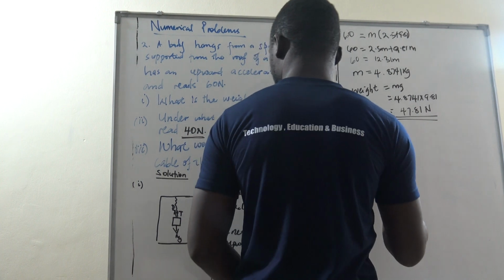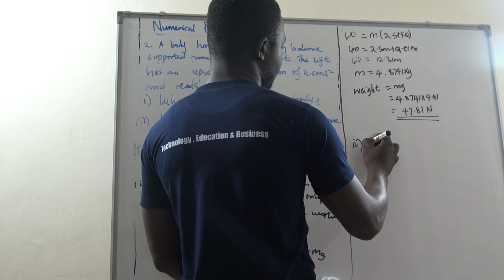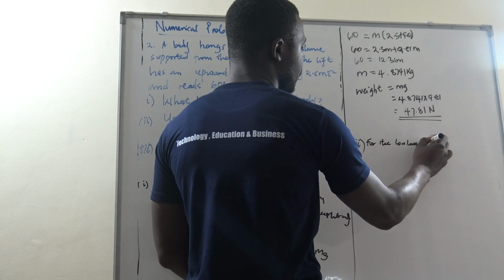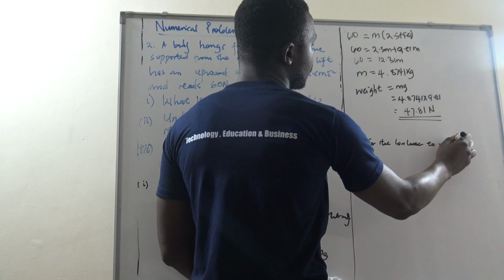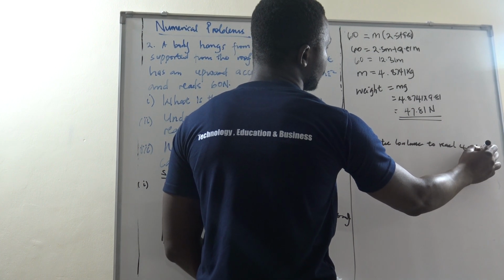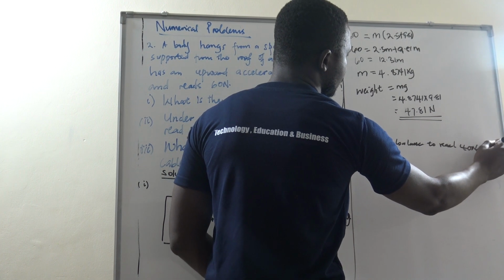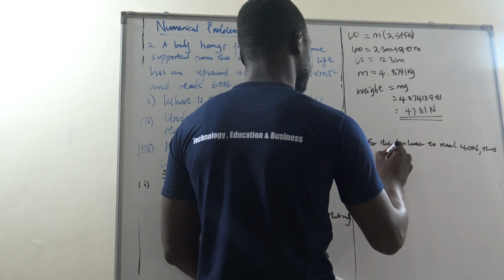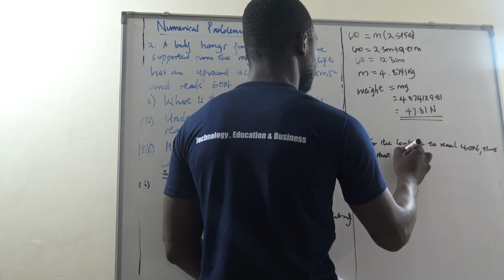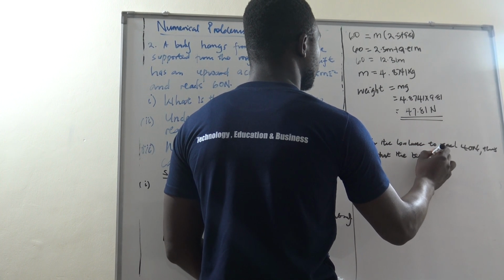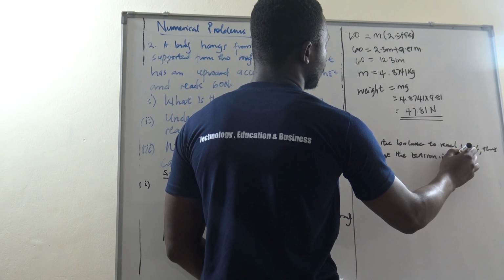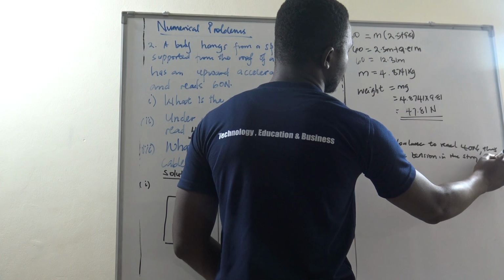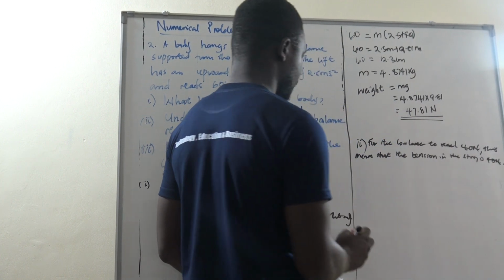So we can write that for the ballast to read 40 newtons, this means that the tension in the string is 40 newtons.